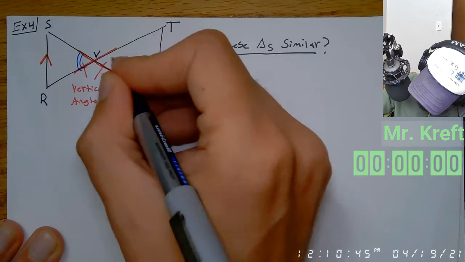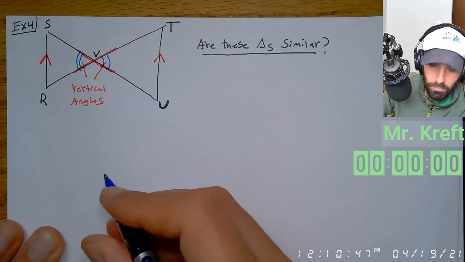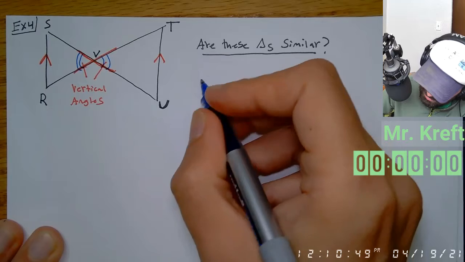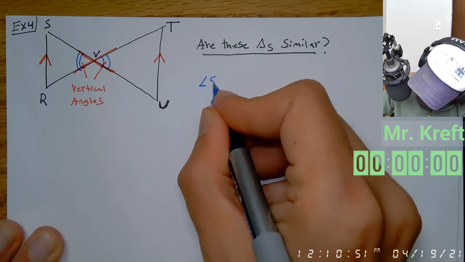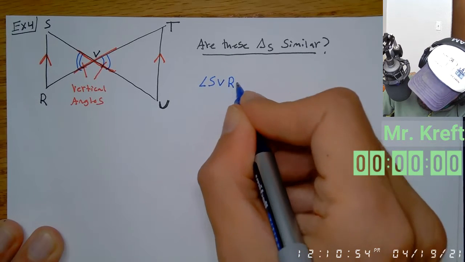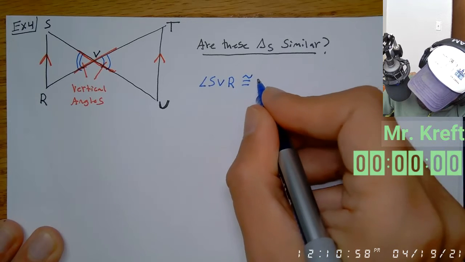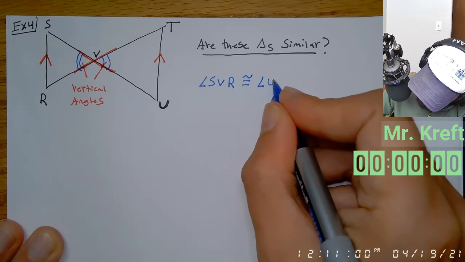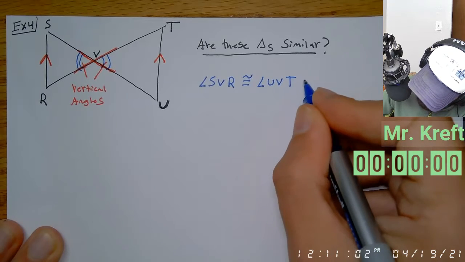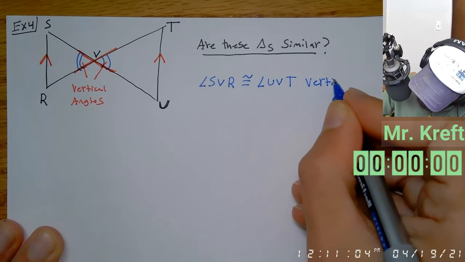So then I know that this angle is congruent to this angle, right? So if I was going to write this out formally, I could say angle SVR is congruent to angle UVT, right? Because they're vertical angles.